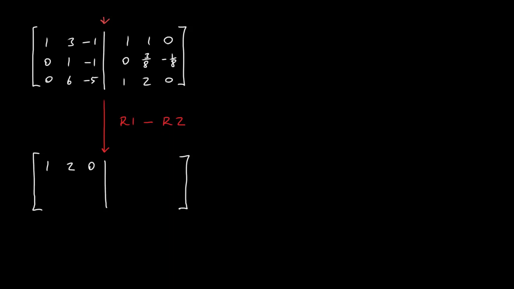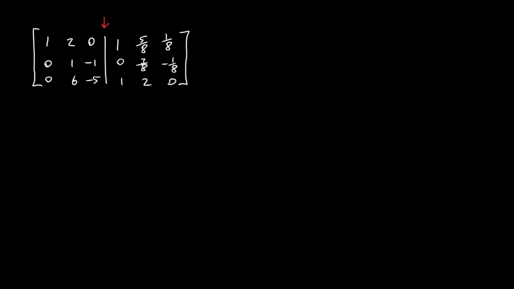I want a 0 out here. So over here this becomes 1. 1 minus 3 eighths, 5 eighths, and 0 minus minus 1 eighth is 1 eighth. So everything else remains the same. 0, 1, minus 1, 0, 3 eighths, minus 1 eighth, and 0, 6, minus 5, 1, 2, 0.